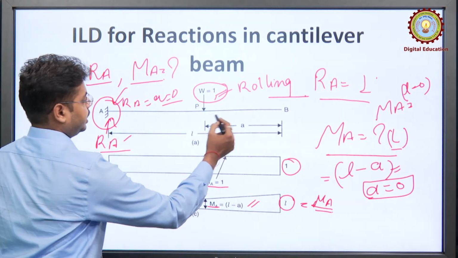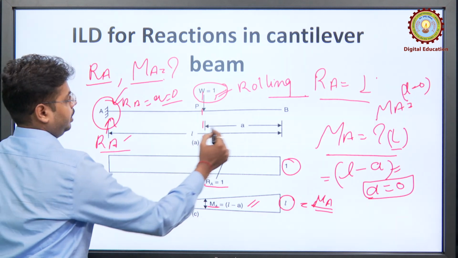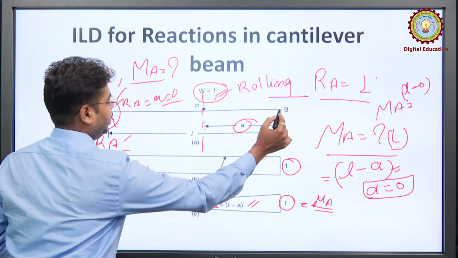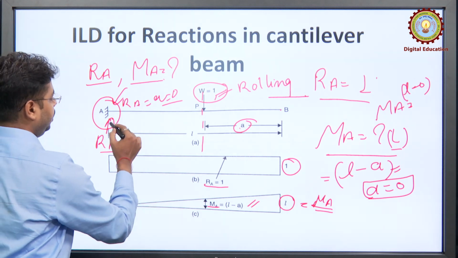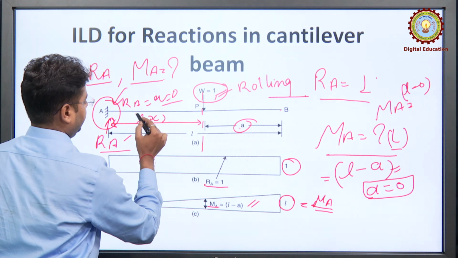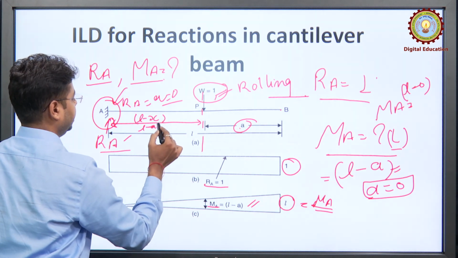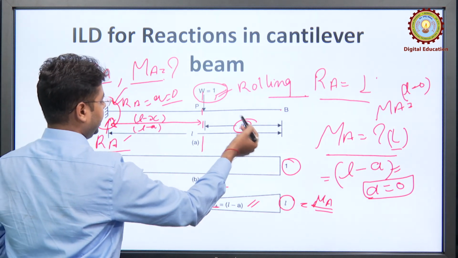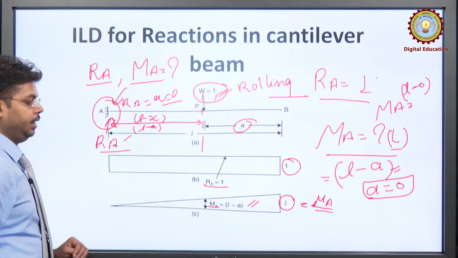Here the section is here. This is the A value from point B, and this value is L minus A.